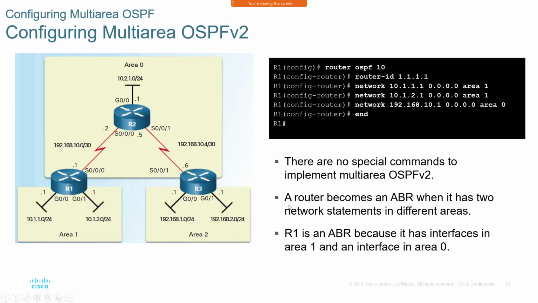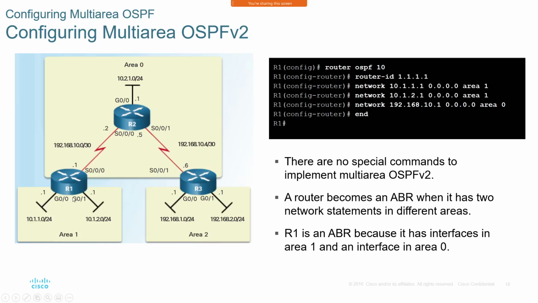Look at the definition here. A router becomes an ABR when it has 2 network statements in different areas. One example is router 1. Please note that the LAN interfaces of router 1, gigabit 0/0 and gigabit 0/1, are in area 1.